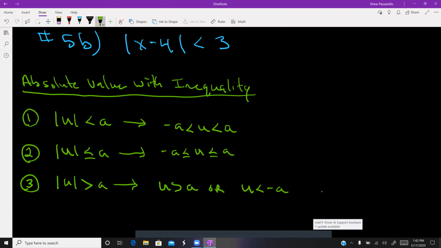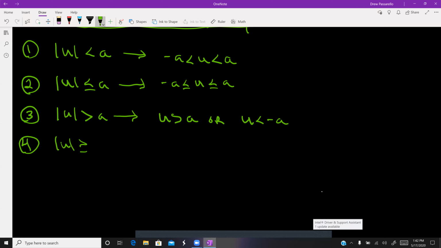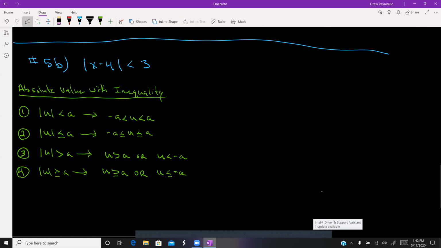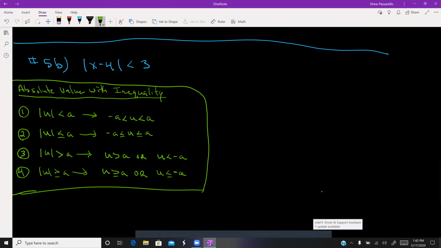And then the fourth one: if you have the absolute value of u greater than or equal to a, it's similar to number 3. It's going to be u greater than or equal to a, or u less than or equal to -a. That's how you handle these type of problems. I would write this down in your notes.